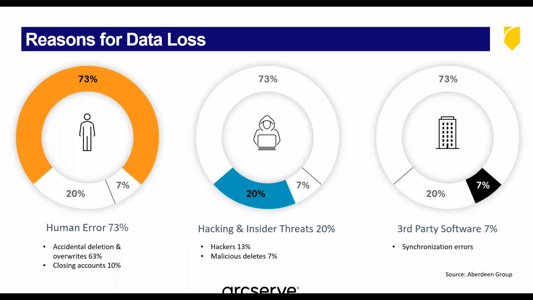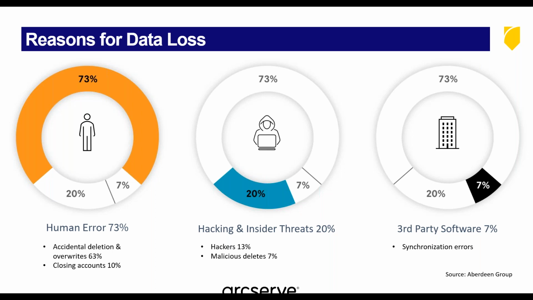Here is another research from the Aberdeen Group, which is very much about the reasons for data losses. It's repeating what I've shared just now, but more in terms of what percentage falls under which category.